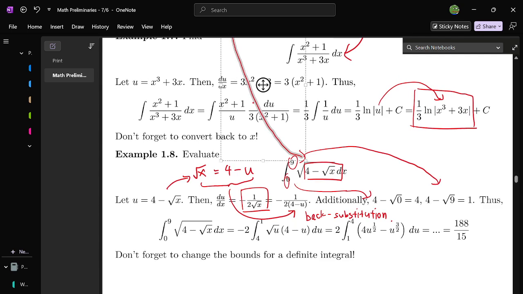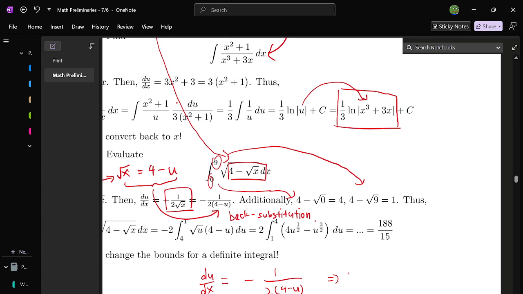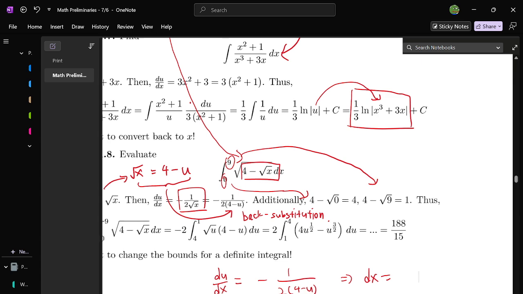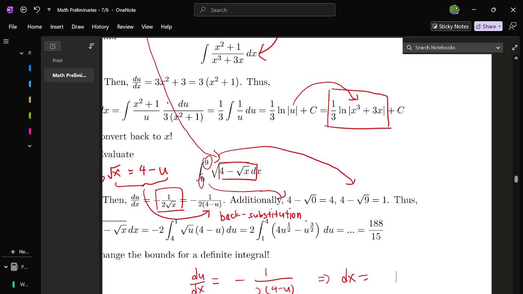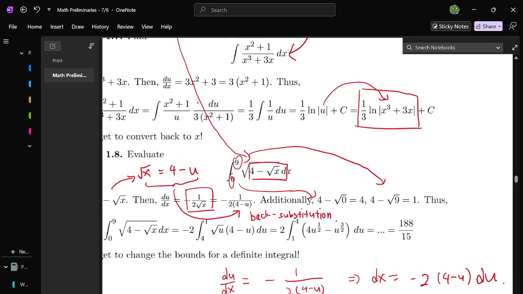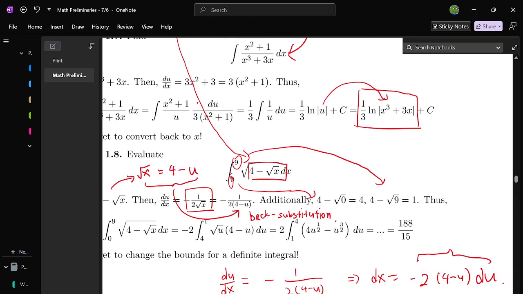Now the beautiful thing about using back substitution here is that because du dx is this, so dx is this, and this side is fully in terms of u.